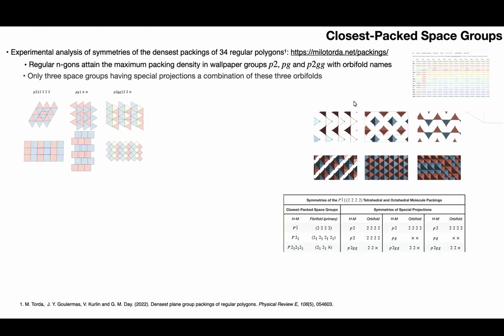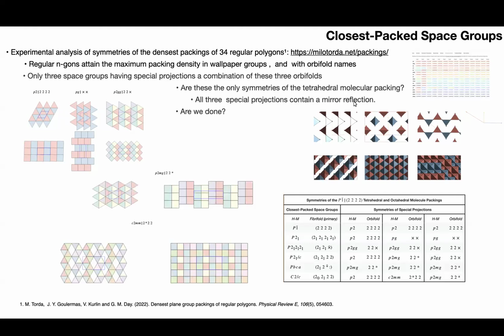The densest packings for convex polygons are P2, PG, and P2GG. For the list of close-packed groups, we took all the combinations of these 3 groups. The space groups that have these special projections, there are only 3, then there are 2 other possible ones. So we got a list of 6 space groups.